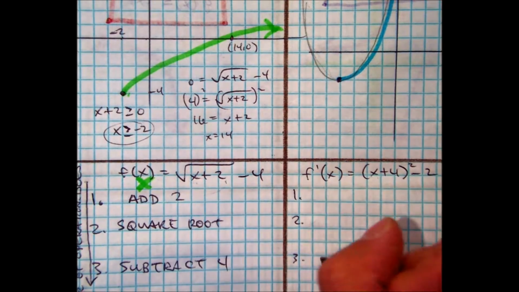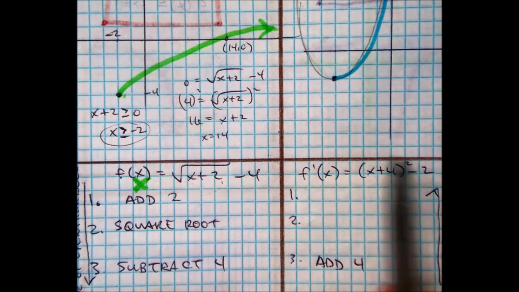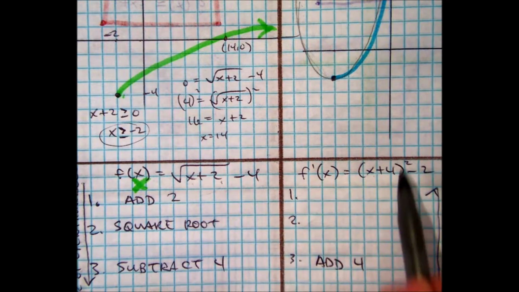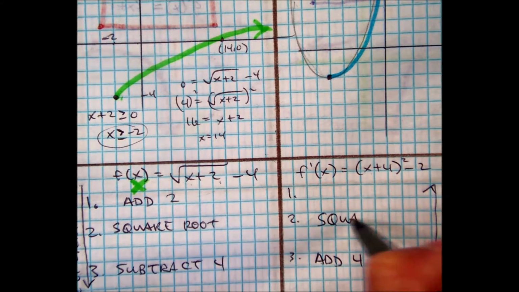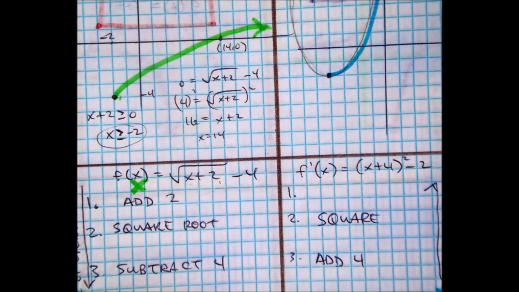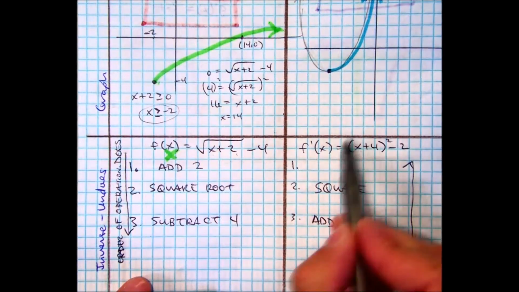What math operation is next to it? So I can say add 4. We're going in this direction, right? Yeah. And then what? So we're squaring it. And the last thing you're doing is what? You're subtracting 2.